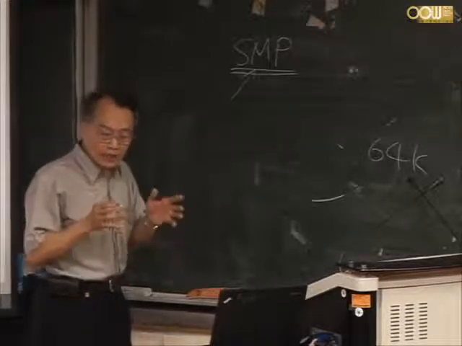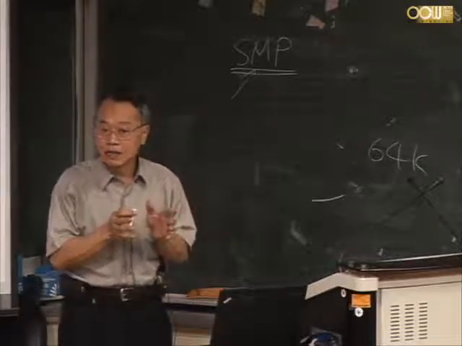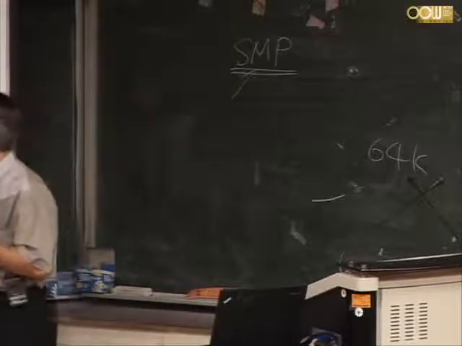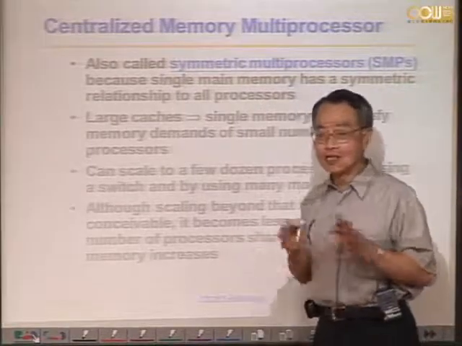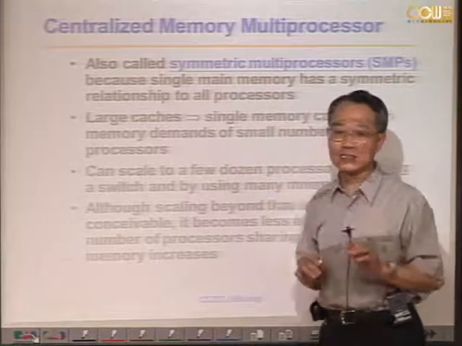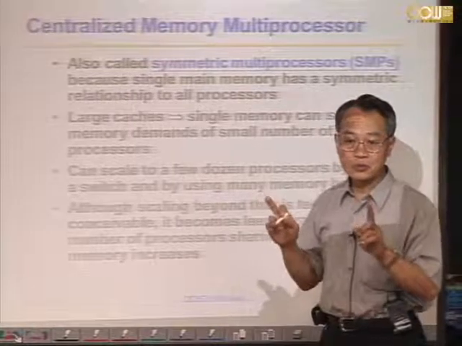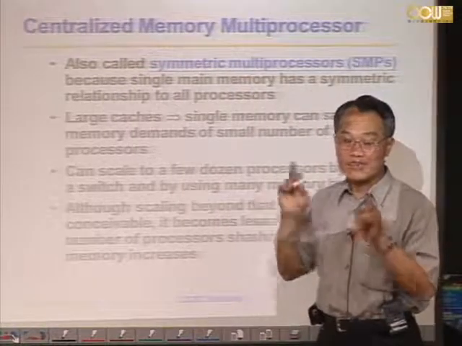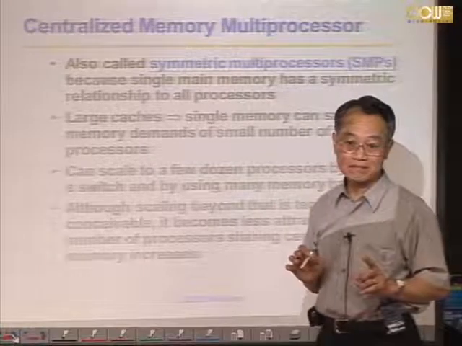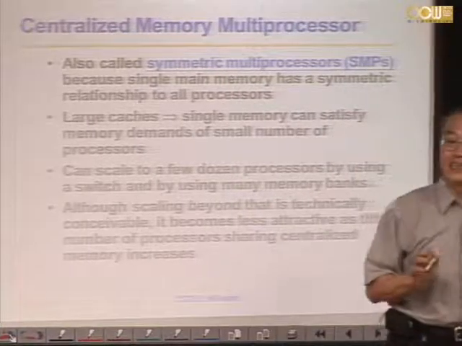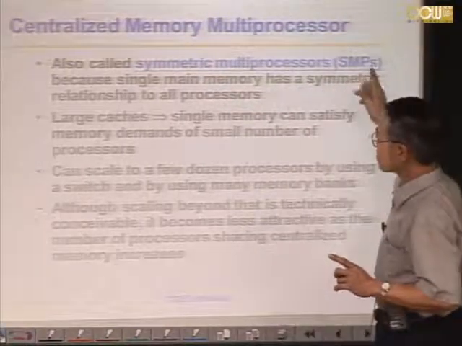Someone can still play the master's role, but in terms of the hardware, in terms of the configuration, you cannot tell any difference between any two processors or any two memory modules. Now you understand the definition of SMP?